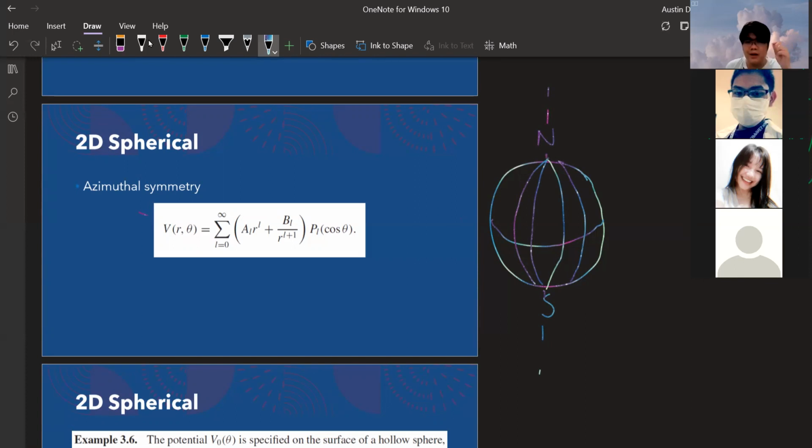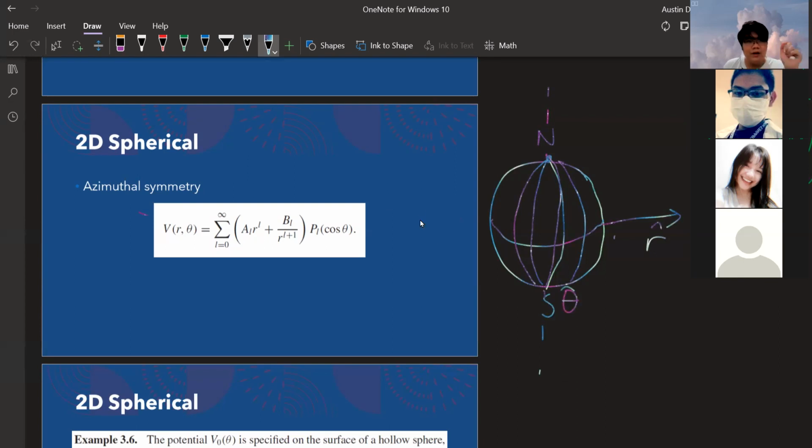Okay? So, yung mga factors lang na makaka-apekto sa pagbabago ng variables mo is going from North Pole to South Pole and going far away from the sphere. That is your R dependence. Okay, so R then theta.